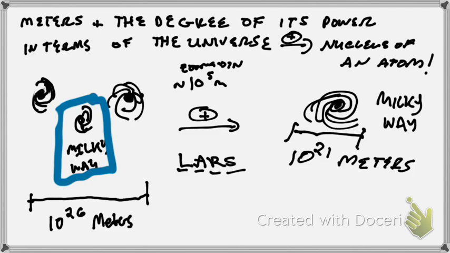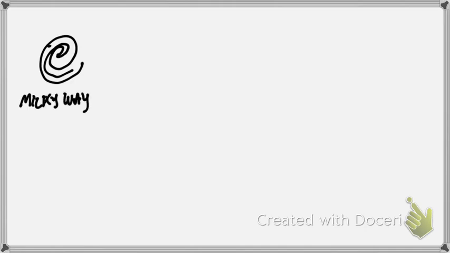All right, so now I just want to look at the Milky Way, and we're going to go into our solar system, all right? So let me draw our Milky Way one more time. So here's our Milky Way, and we labeled this guy about 10 to the 21 meters.